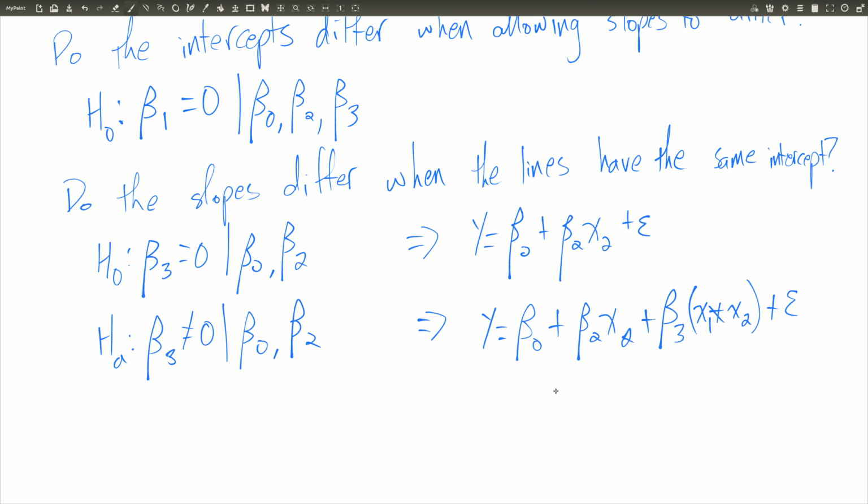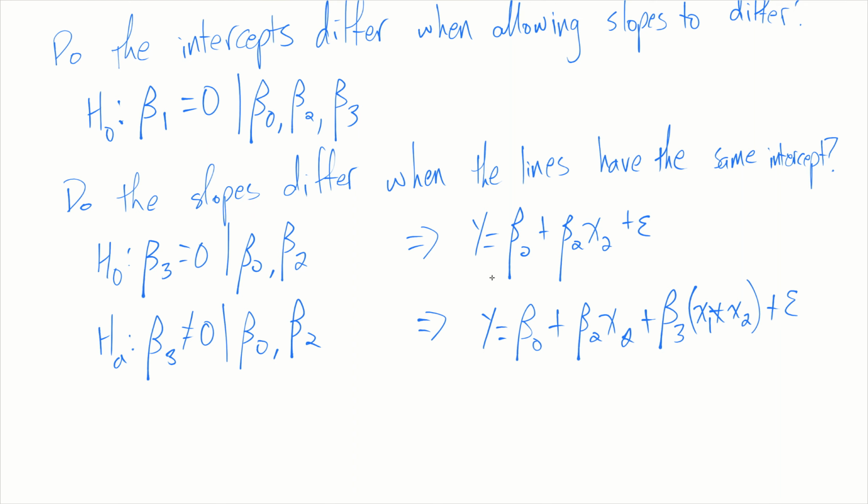So here you don't see any beta 1. So we're fixing the intercepts to be the same, but we're testing for a difference in the slopes. So these are examples of some of the hypotheses that you can ask when you set up your regression this way with both qualitative and continuous explanatory variables.